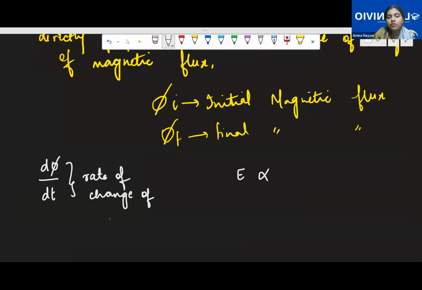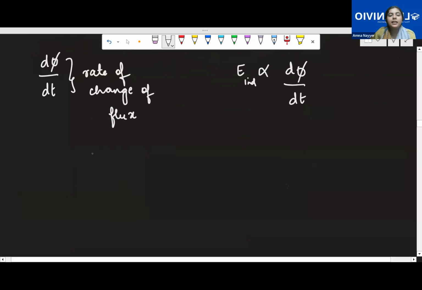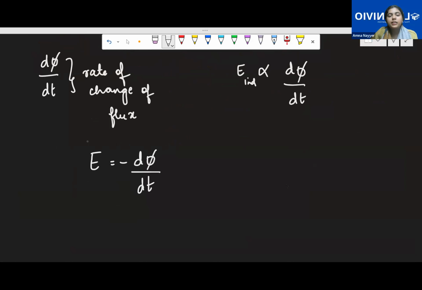So whatever this induced EMF is, it is directly proportional to the rate of change of flux. So we can say that induced EMF is equal to minus d phi over dt. This becomes the formula of it.